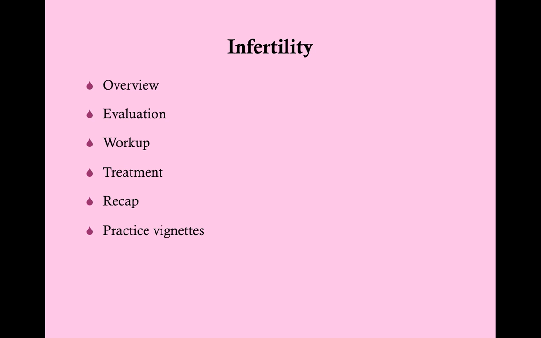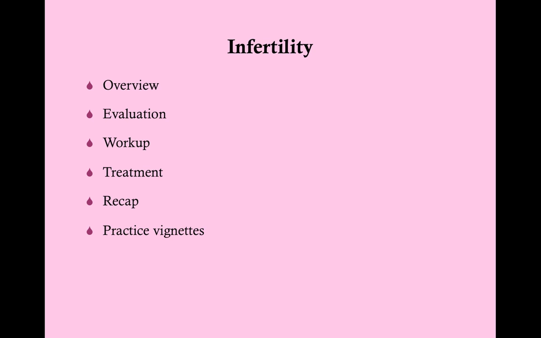So we're going to do a quick overview, talk about what infertility is, what it isn't, some terminology that you'll want to have straight. We'll talk about the evaluation, namely going into the physical exam and keying in on some things that will pop up that may give you a hint as to what the cause is of the infertility.